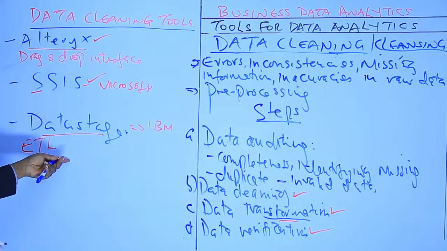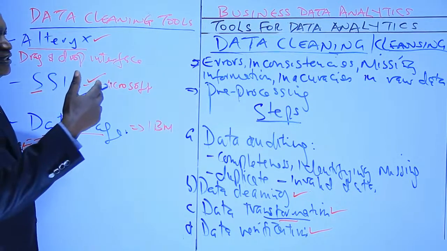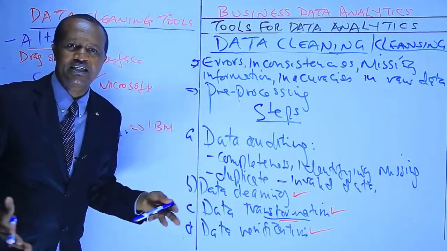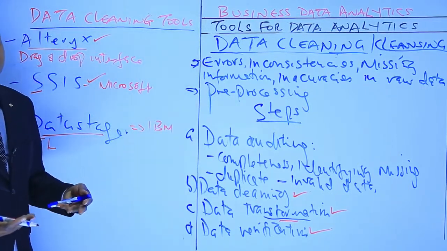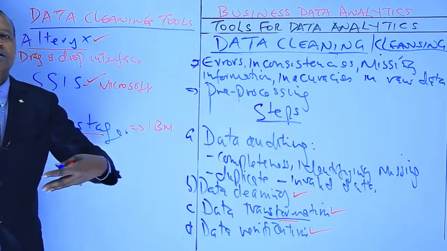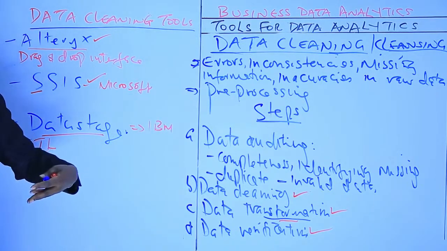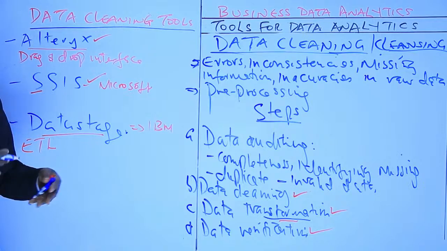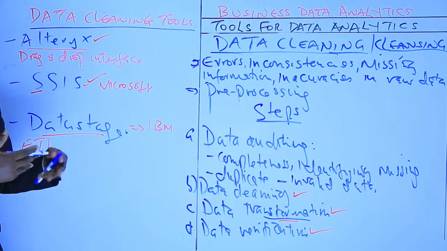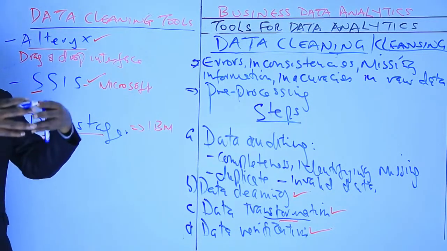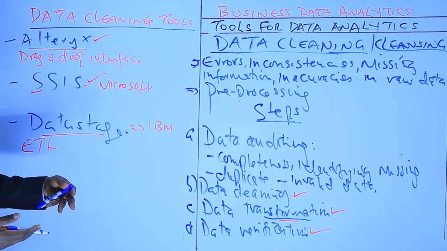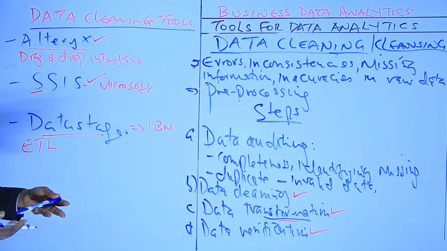There are many other functions that this software can perform, like job designs, metadata management, data profiling. It can also do parallel processing. It can carry out jobs like job scheduling, and it has inbuilt transformation stages, like filtering, the lookup, the aggregator. It can support custom transformation as well, and many more functions.